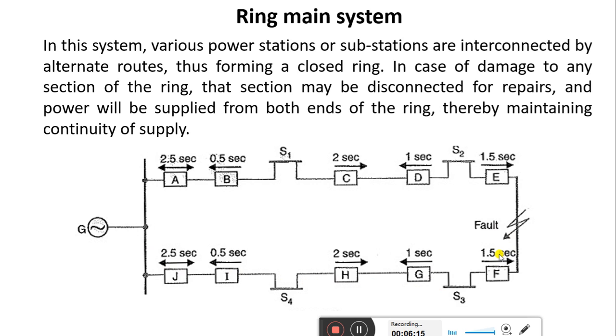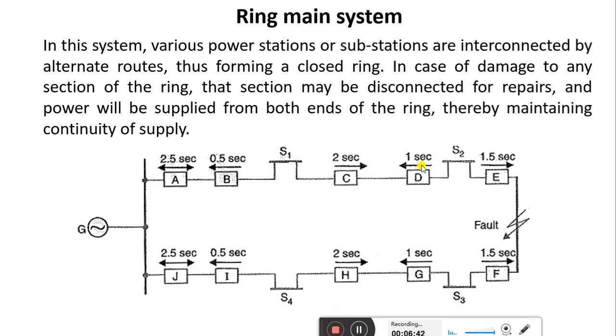So that is the advantage of the ring main system: if there is any fault in the system between any substations, only the faulty point will be disconnected from the particular substations and all the rest of the system will remain in healthy condition.